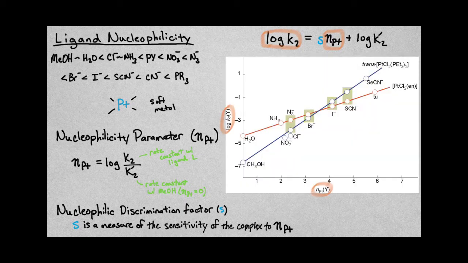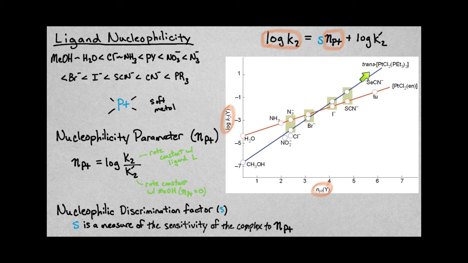Plotting log of K2 versus the nucleophilicity parameter eta for a given set of ligands results in a straight line, right?